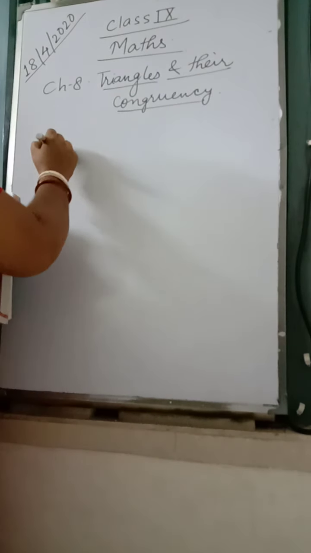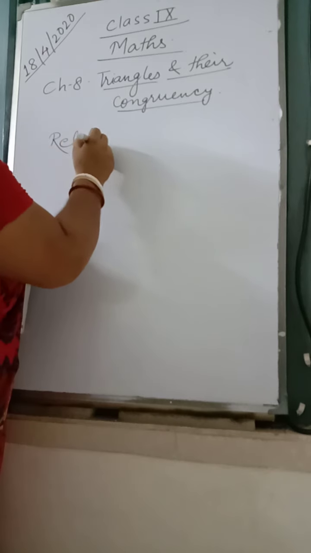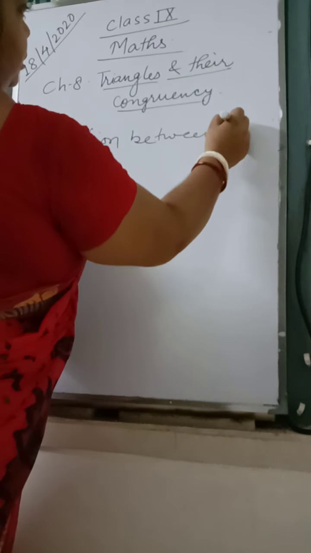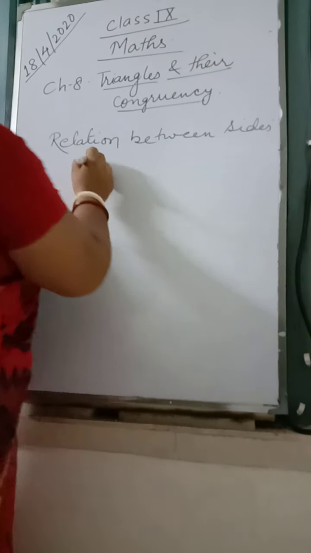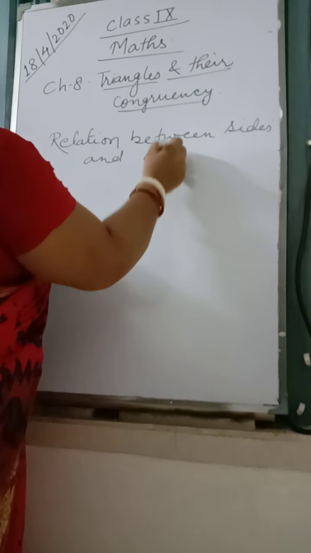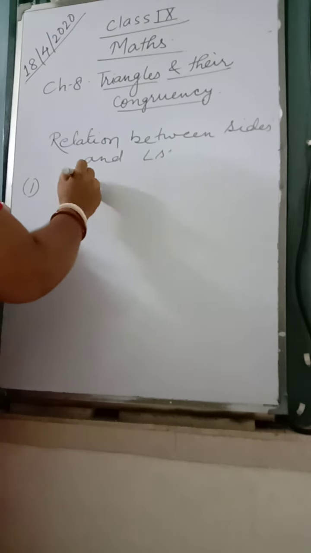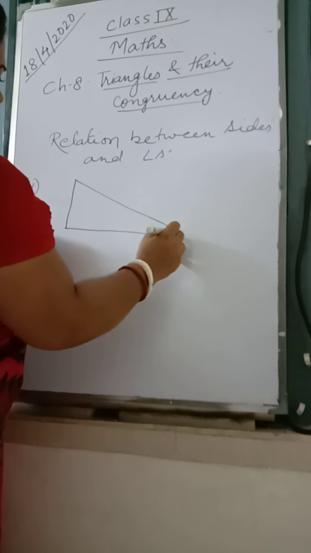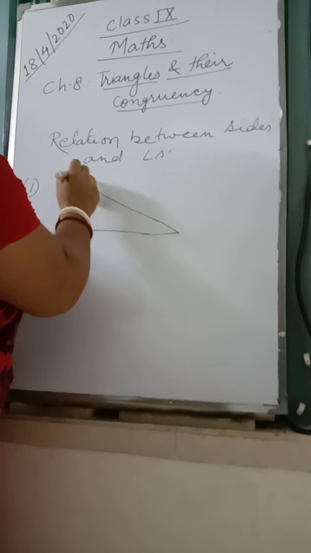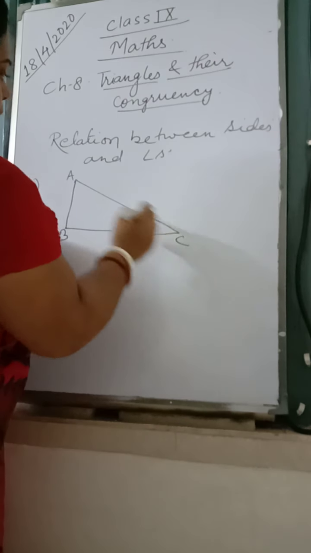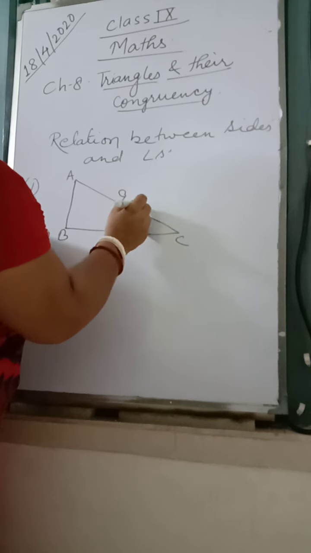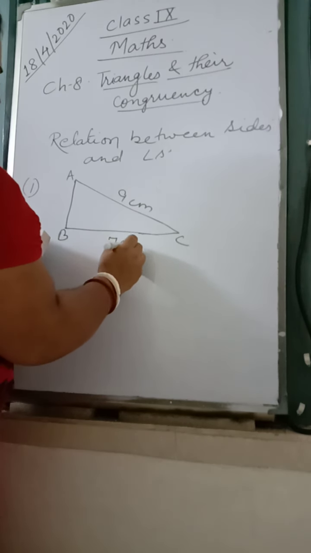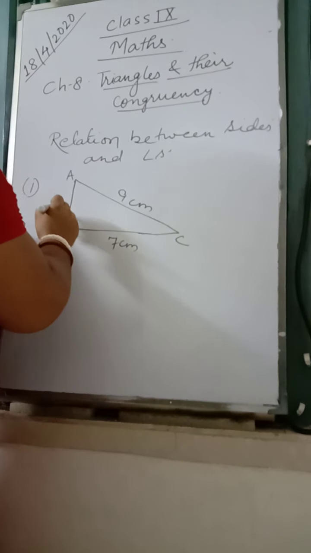This relation between sides and angles, I am giving you an example. Now I have a triangle ABC in which this side is 9 centimeter, this is 7 centimeter and this is 4 centimeter.